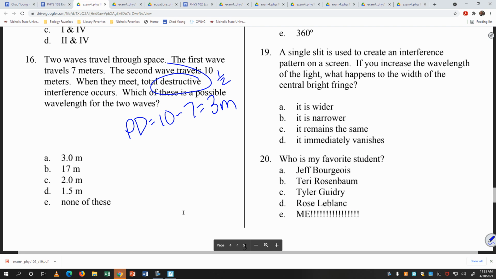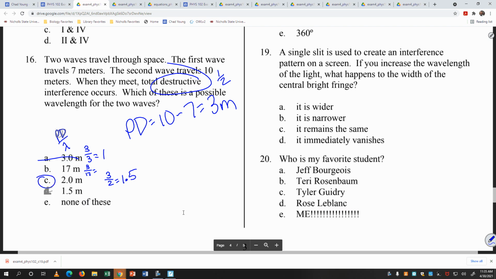And then for each of these options, you divide 3, the path length difference, by the options for the wavelength. Here I get 3 divided by 3, that's equal to 1. That can't be the case because that would give you a bright spot. Here I get 3 divided by 17, but that's some decimal, that doesn't work. Here I get 3 divided by 2, that's equal to 1.5.